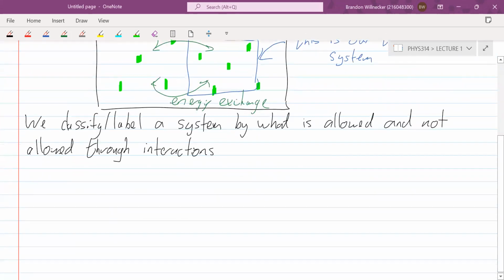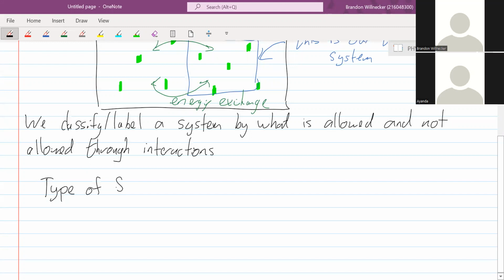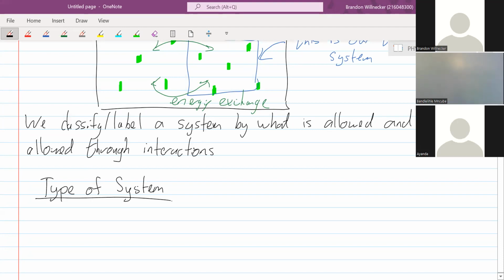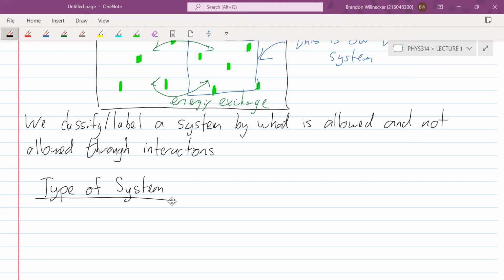So how do we classify them? We've got the type of system, so this is our classification. Then there are several things that we allow or not allow. The first one is mass transfer.